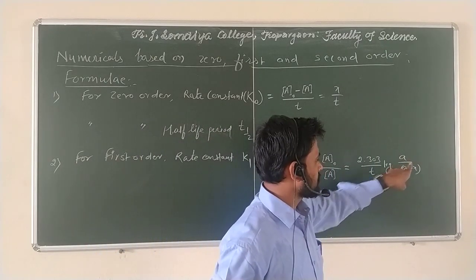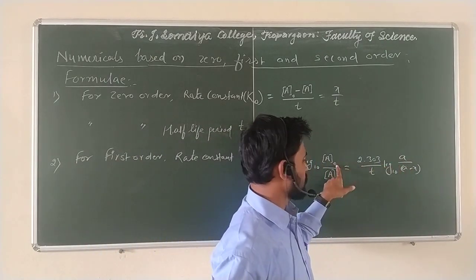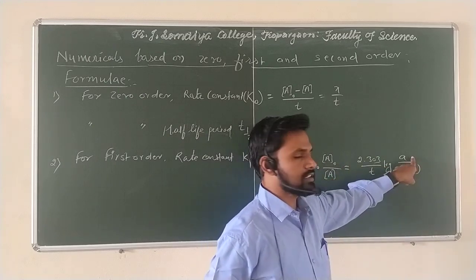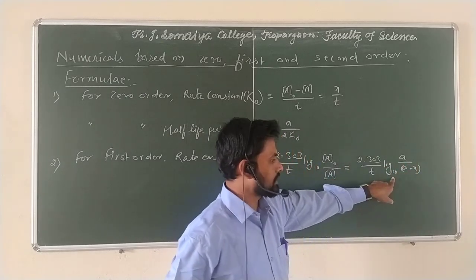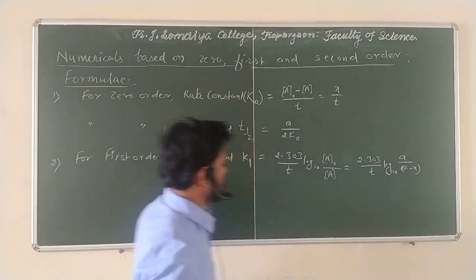Both are the same; instead of writing A0, it can be written as A. A is the initial concentration, and A minus X is the remaining concentration.